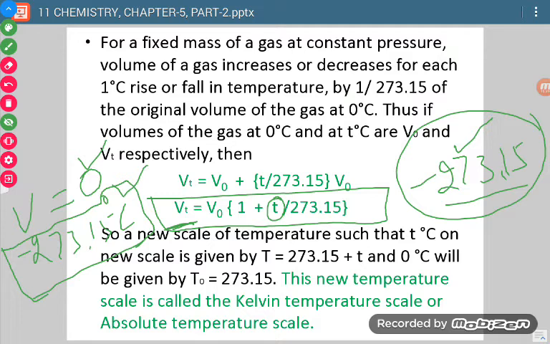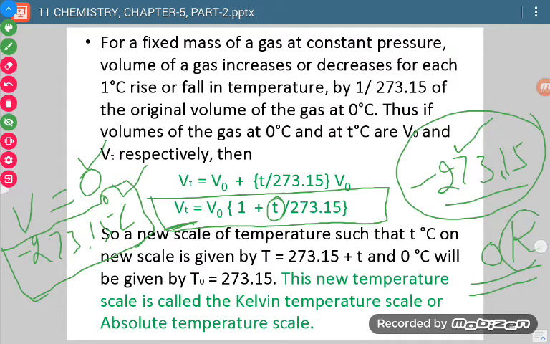Then we have to define it like this: the temperature equal to minus 273.15 degrees Celsius at which volume of any gas is zero is termed as absolute zero temperature. Okay, absolute zero temperature. If we don't want to say in degrees Celsius, then we can say like this also: 0 Kelvin. Okay, temperature equal to 0 Kelvin is absolute zero temperature.